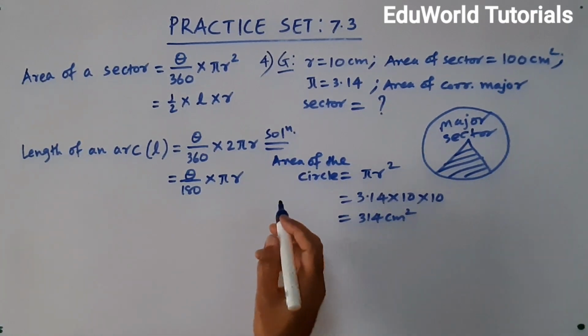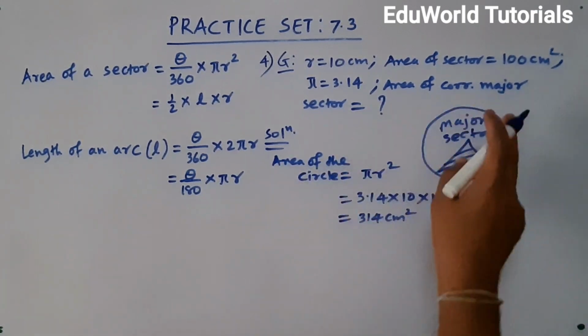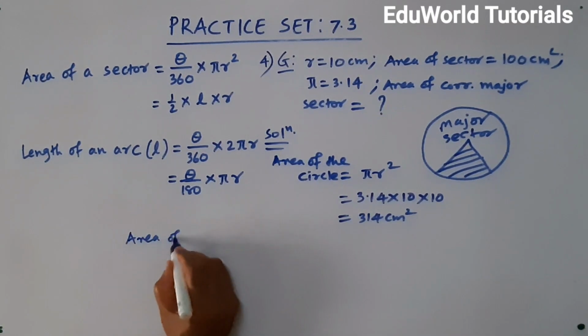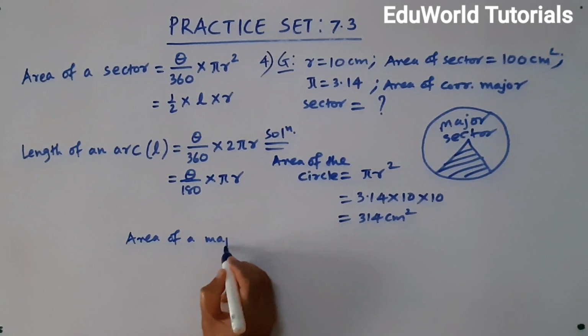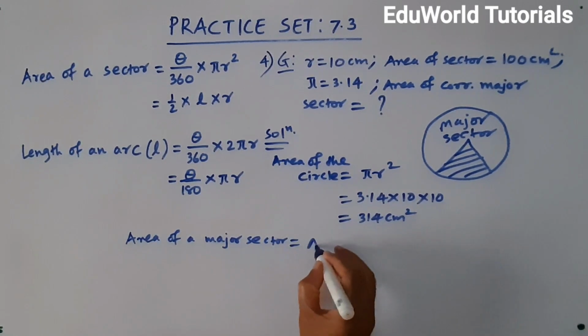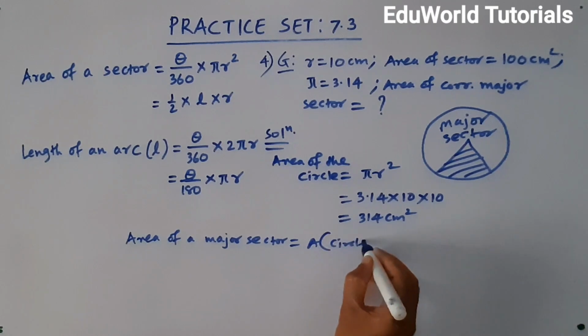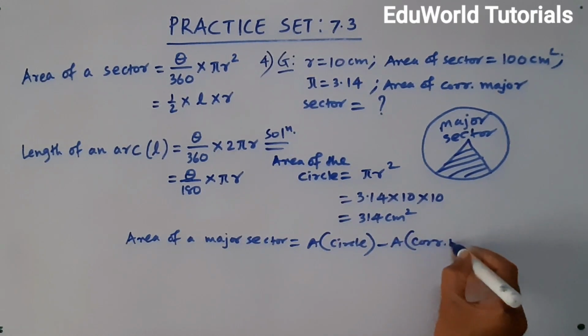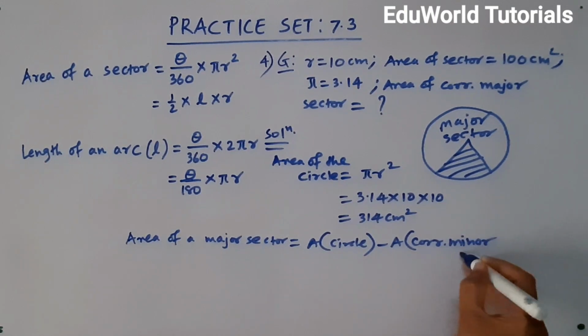Now as we had written in the list of the formulae, area of a major sector, what would you write? Area of a major sector is area of circle minus area of corresponding minor sector.